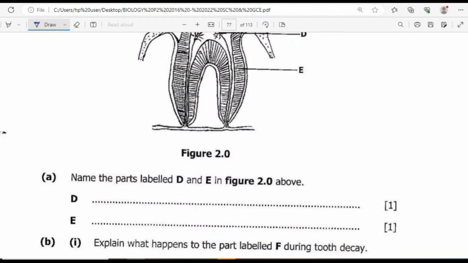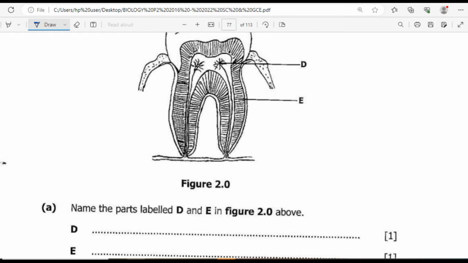Name the parts labelled D and E in figure 2.0. So D, we can see that these are nerve cells. The nerve cells are the cells that are responsible for the transfer of pain signals. Then for E, we are definitely looking at the dentine.